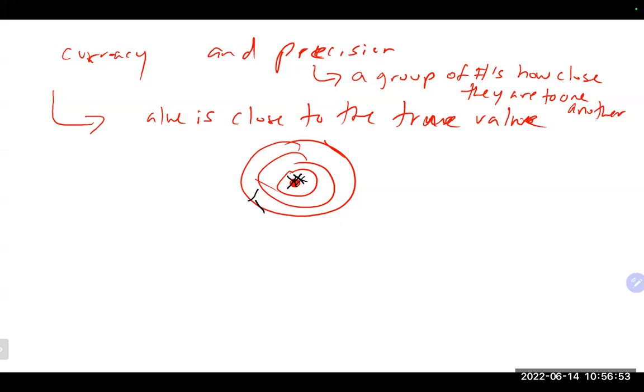As I mentioned before, sometimes you will have an actual number or a true value, and a lot of times we will calculate something known as percent error. Percent error tells us how accurate we are.